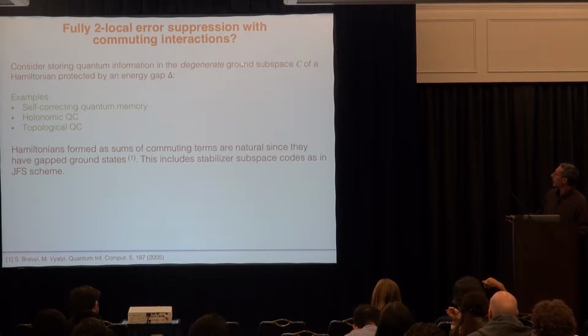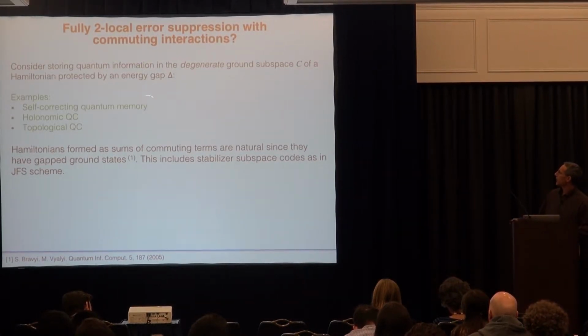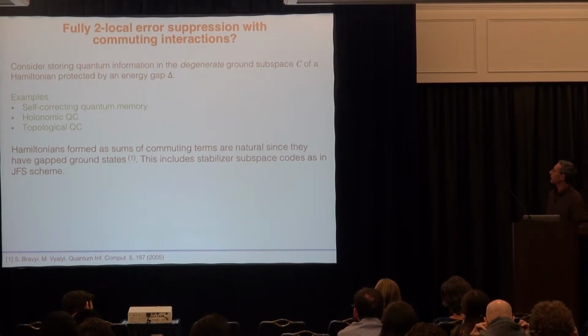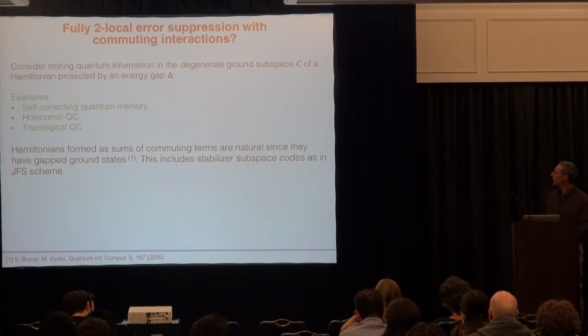And the case I want to focus on is what happens when we have commuting interactions. So this happens in a variety of interesting cases. Let's say we want to store quantum information in the degenerate ground subspace of some code C that is protected by a constant gap delta.